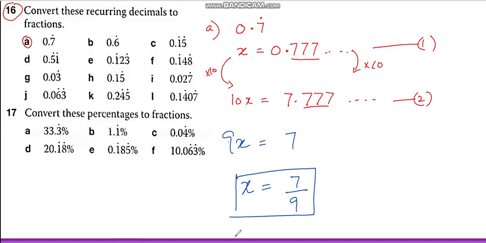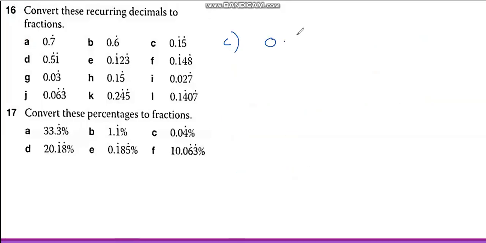Now I will do C part, where we have 0.15 and 15 is being repeated. So first we suppose that x equals 0.151515, and 15 is being repeated. We have to multiply with such a number that it becomes easy to subtract the whole decimal part of equation 1 from the other equation.